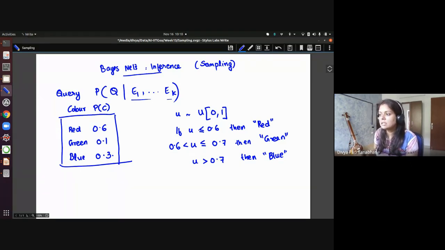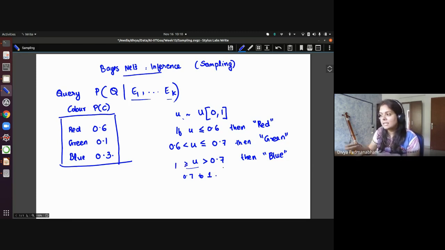Okay. So if you look at the ways in which this comes, now this U is generated uniformly between 0 and 1. And so 0.6 of the time you will say it's red. And this difference here is 0.1, so 10% of the time you'll say it's green. And the possible values here are between 0.7 and 1, so this will be less than or equal to 1 anyway.